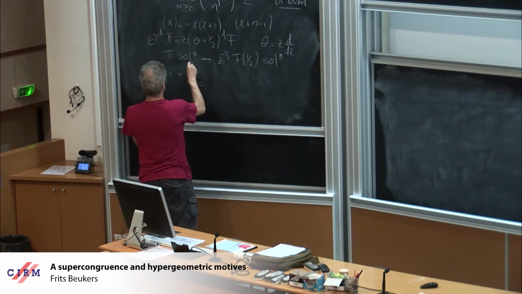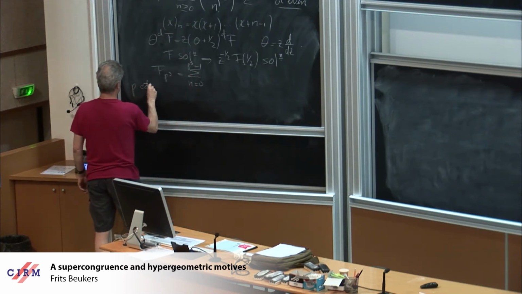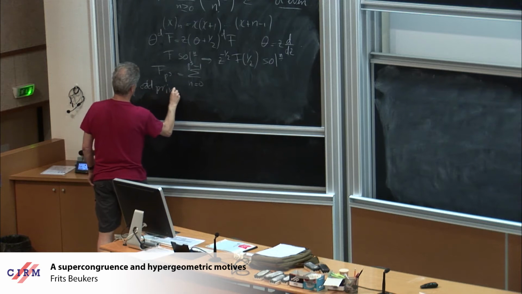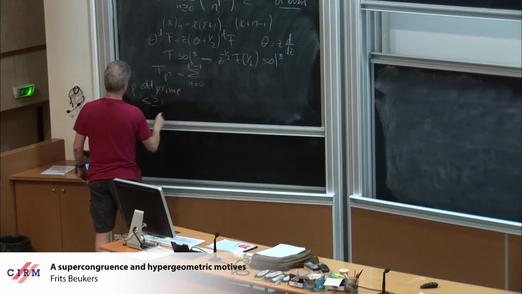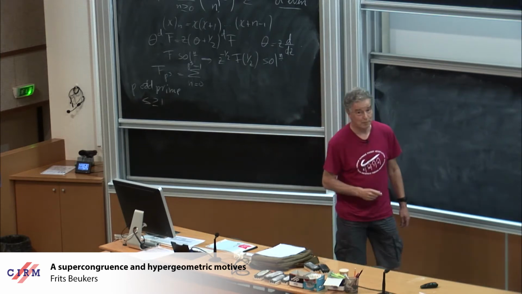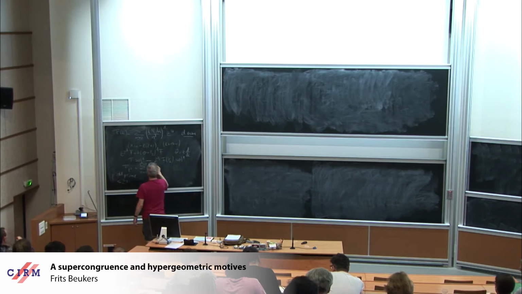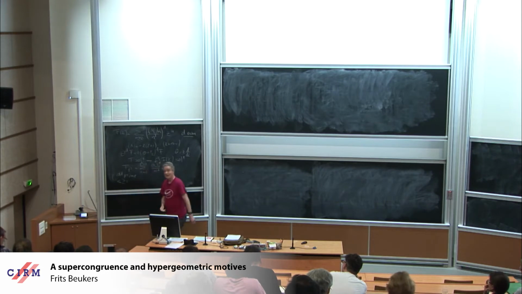I should say that p is going to be an odd prime, and s is going to be some integer greater or equal than 1, and we're going to study the truncation of this hypergeometric series. So we take the same coefficients again, (1/2 choose n) to the d, times z to the n, except that we stop at z to the p to the s. This is a truncated function.